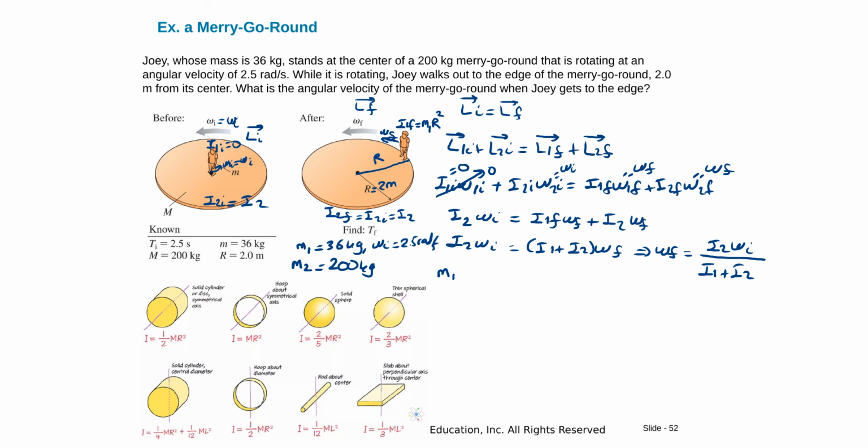So all we have to do is what we already walked through for finding omega final. We will calculate I1 and I2. This would be I1 final actually, so let's find I1 final first. That's the easier one. It's just m r squared, the mass of Joey times the distance squared. So I1 final is equal to m1 r squared, 36 kilogram times 2 meters squared.